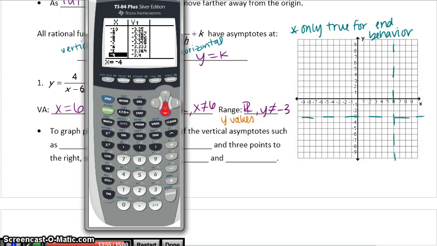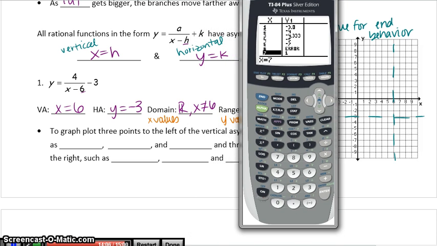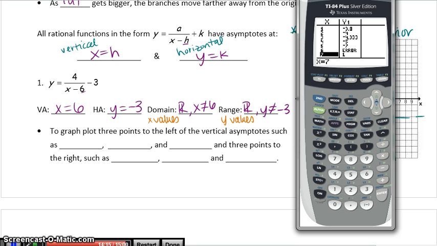So I'm going to go down, well, technically up, until we get to the values that we want. So looking at this, you should notice that at 6 there's an error, and that's because there is no y value at 6 because we have our vertical asymptote there. So that's just another indicator.